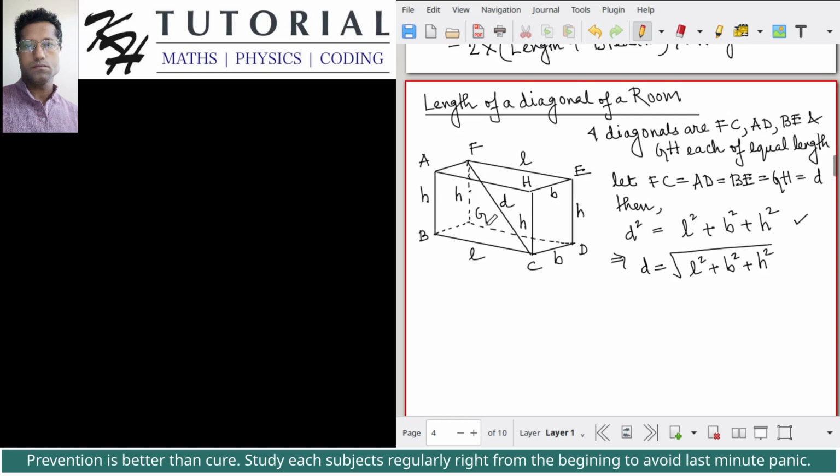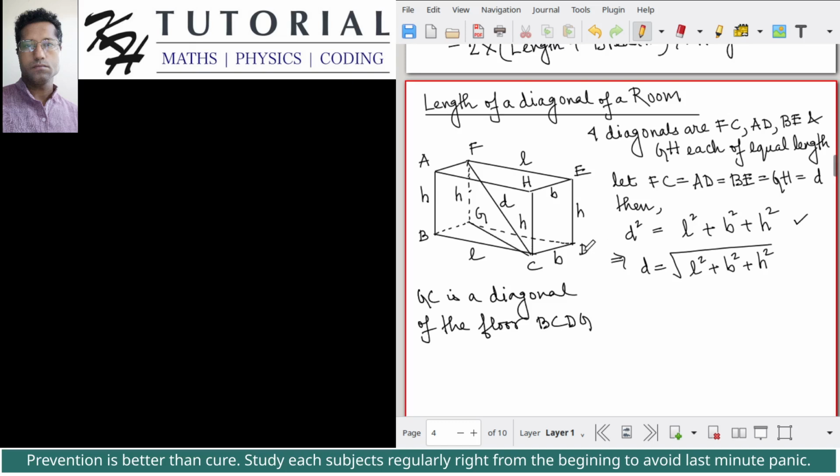Now, if I join the vertex G and C, if you consider BCDG as the floor, GC is a diagonal of the floor BCDG. So BCDG is the floor of the room, and GC will be its diagonal.